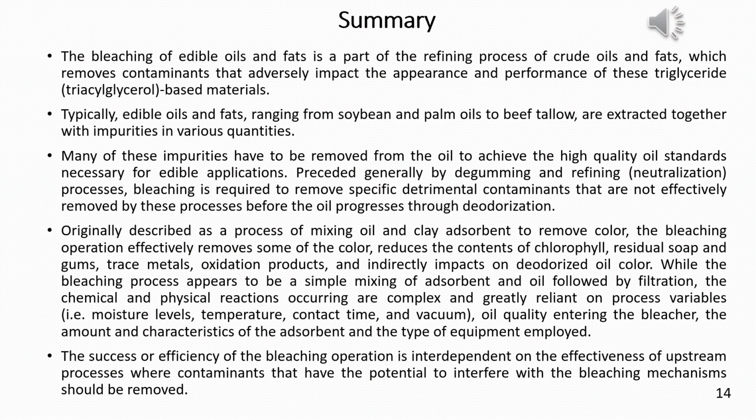From plant sources we can extract oils from soybean and palm, and from animal sources we can extract oils from various animals. When these types of oils are extracted, there are certain impurities present in the oil. So it is very important to remove these impurities.